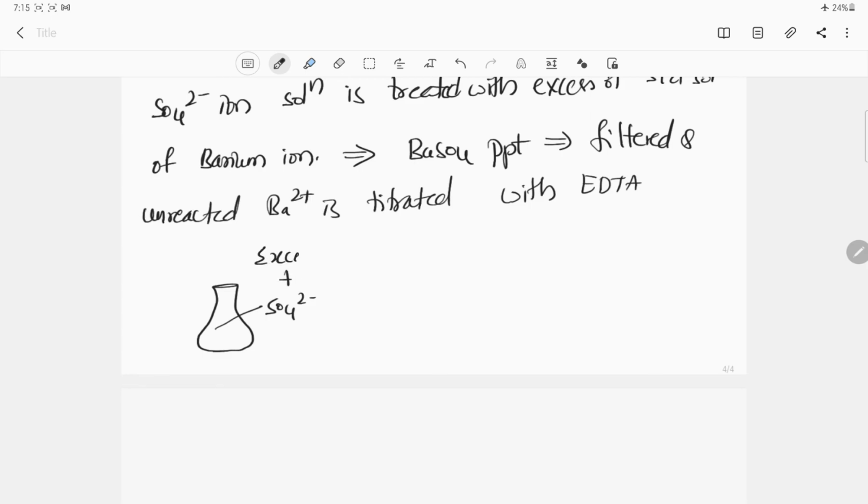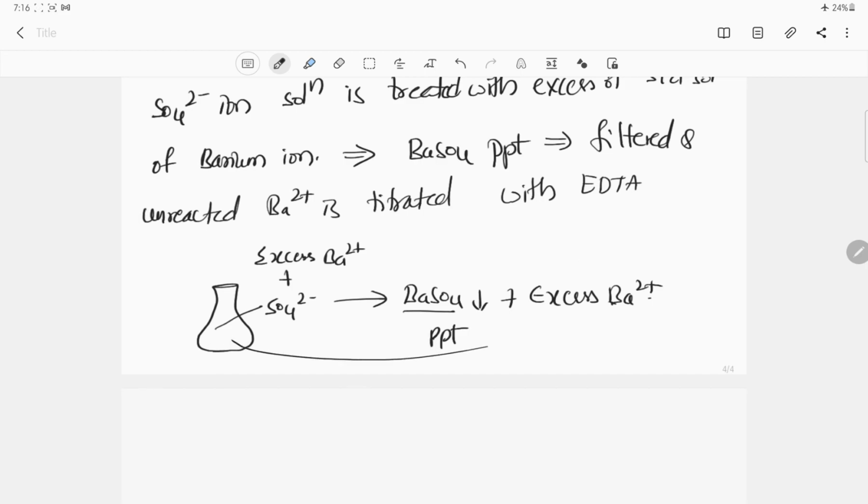Sulfate plus excess barium results in barium sulfate precipitate, PPT. This is filtered. In this, barium sulfate is there and also excess barium is also there. Whatever excess is present is titrated with EDTA, that is the complexing agent, which results in the formation of a metal ligand complex.